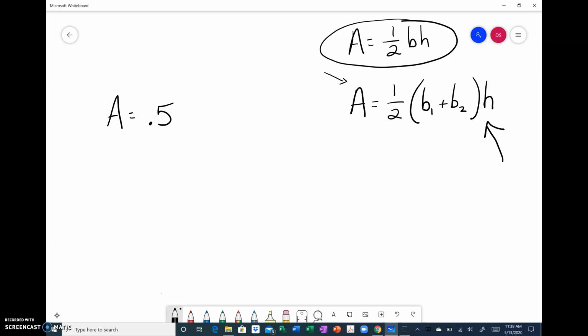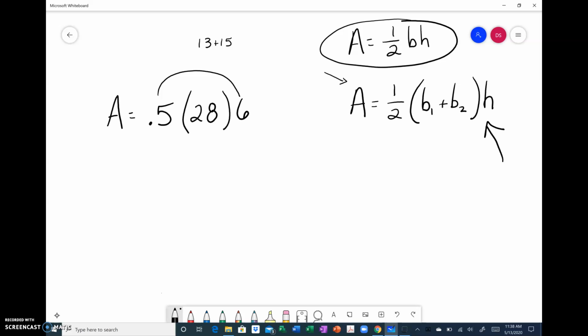I'm going to say 0.5 because I'm using a calculator, probably. I'm going to add my two bases together. 13 plus 15 is 28 times a height of 6. Okay, now in this case, I don't need a calculator. I can just do half of 6.